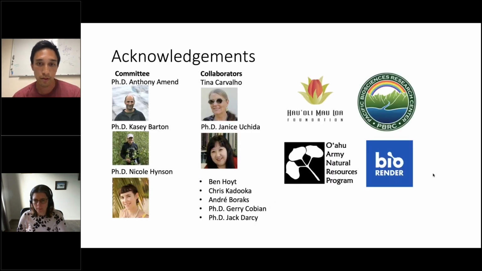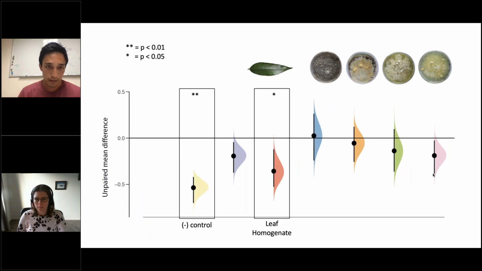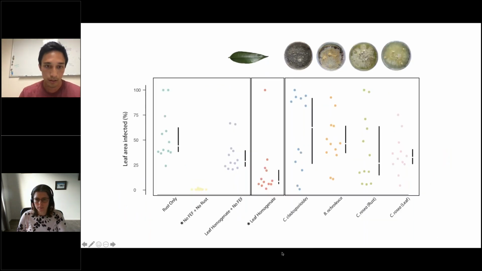We pulled the leaf homogenate further through a 2 micrometer filter for these purple dots treatment, with the thought that by filtering out the fungi, we are canceling out the idea that bacteria are part of that pathogen inhibition.